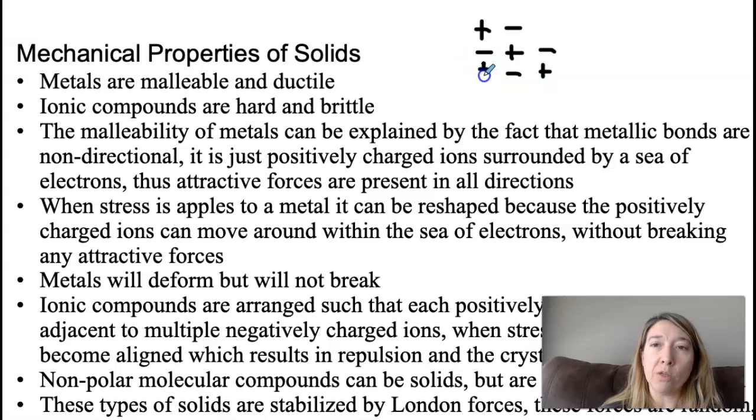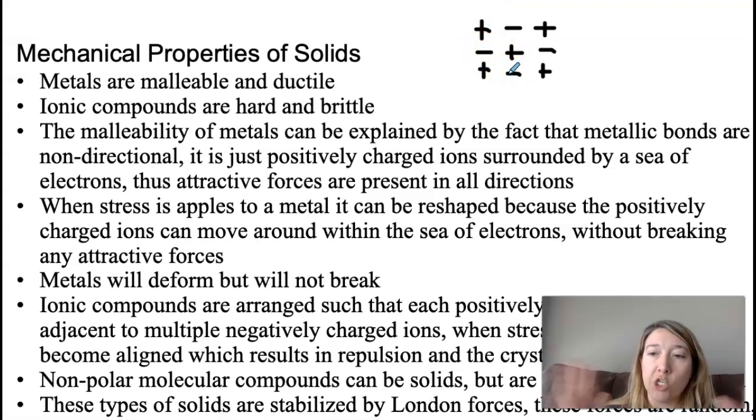And so part of why they're so brittle is if we knock this alignment off, right? Like if I had a big hunk of salt and I dropped it on the floor, you would find that it would knock these out of alignment and it would shift. So this positive would be next to that positive and that negative would be next to that negative.